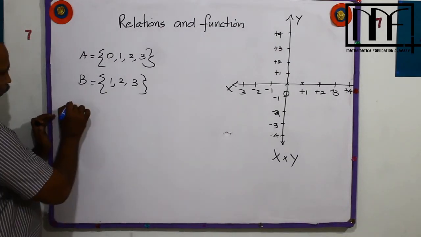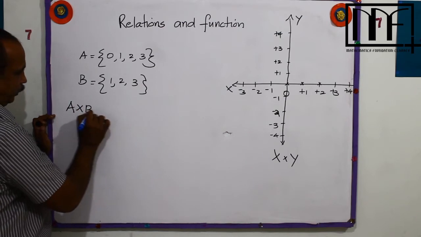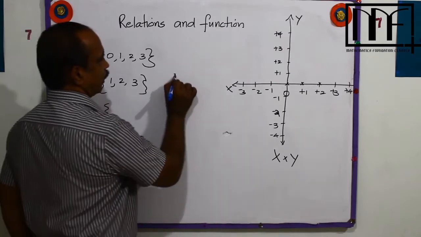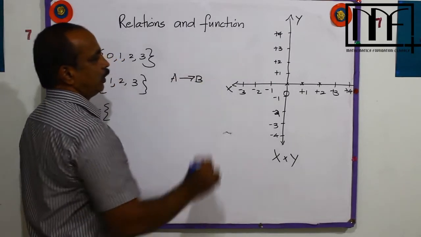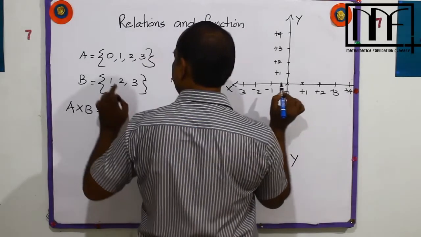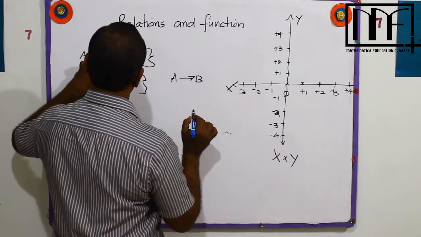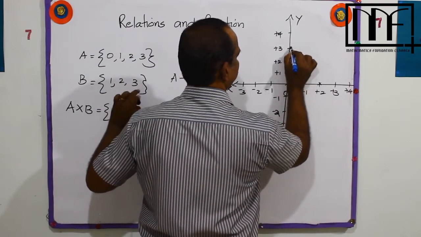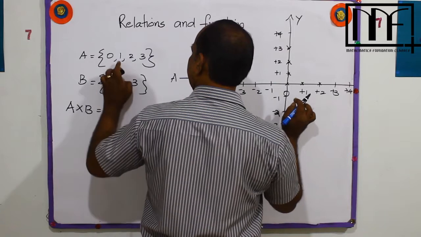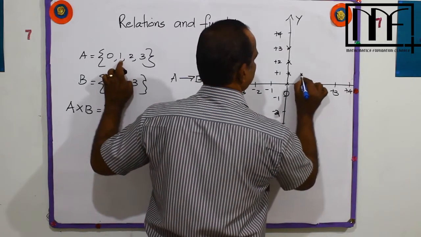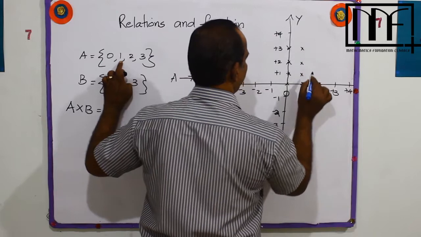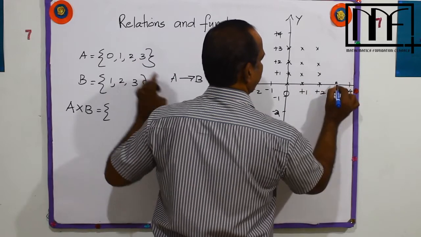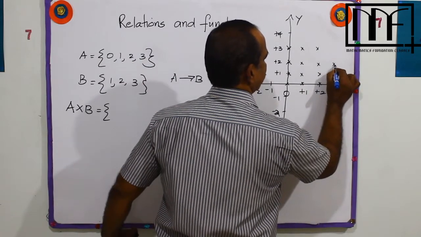The Cartesian product A cross B is the connection between A and B. First you take the connection 0 to 1: (0,1), then (0,2), (0,3), and second (1,1), (1,2), (1,3), then (2,1), (2,2), (2,3), (3,1), (3,2), (3,3).